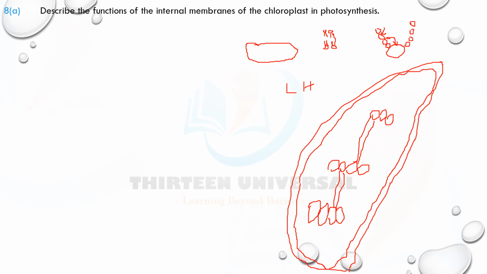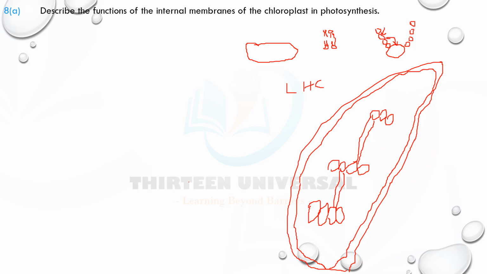And then what happens is that the primary pigment, what is the function of the primary pigment? The primary pigment can absorb wavelengths, but the major function is that it is the reaction center.